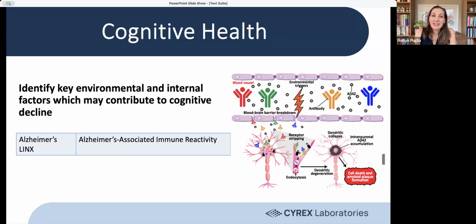Our Alzheimer's links panel is a cognitive health panel, and it's helping us to identify as early as we possibly can the key environmental and internal factors which contribute to cognitive decline.